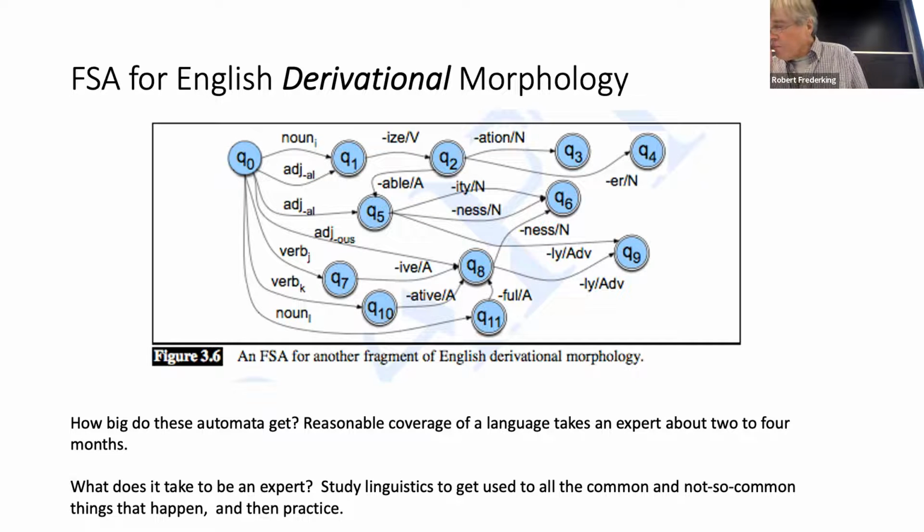Yes, so for example, fossilize versus equal. So equal is like states Q5 and Q6 would be where a word like equal goes, whereas fossil would be states Q0 to Q2, Q0, Q1, Q2.